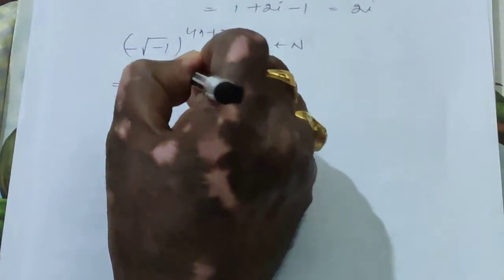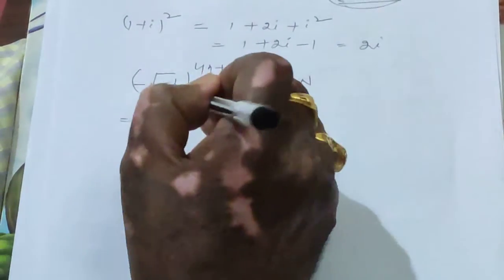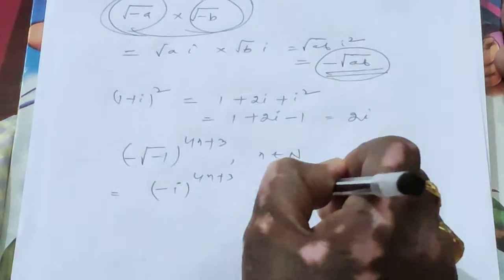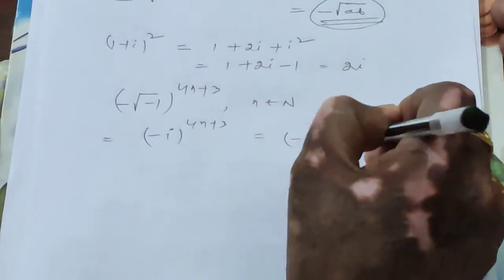Let (minus of root over of minus 1) whole to the power 4n plus 3, n belongs to N. We can write (minus i) to the power 4n plus 3 equals (minus i) to the power 4n into (minus i) to the power 3.